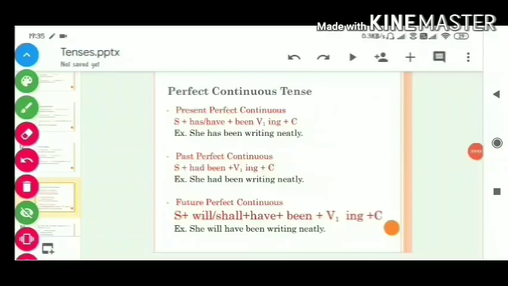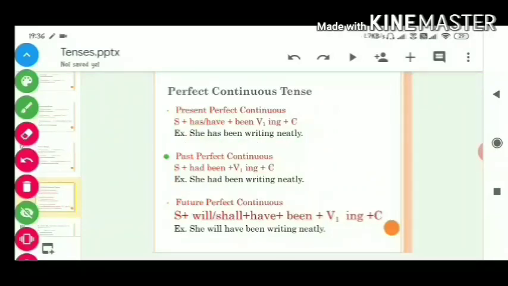Present perfect continuous tense. The formula for present perfect continuous tense is subject plus has, have been plus V1 ing plus complement. We use has for a singular subject and have for a plural subject. The example is: she has been writing neatly.